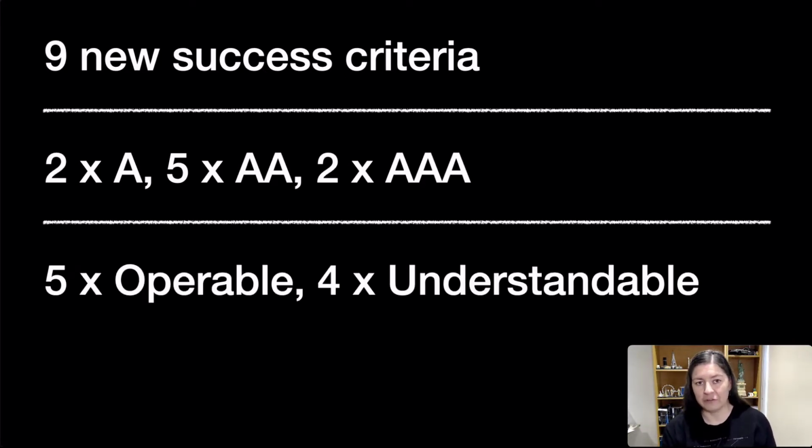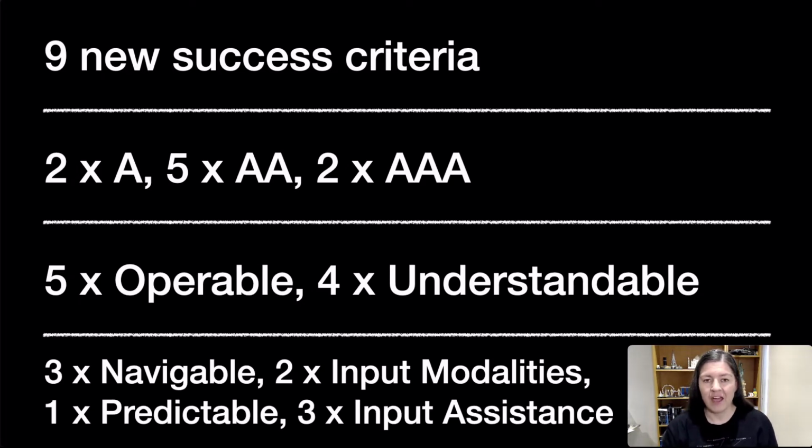If your thing is principles, we've got 5 operable and 4 understandable success criteria coming at you. And if your thing is guidelines, then the new success criteria are categorized by 3 in navigable, 2 in input modalities, 1 in predictable, and 3 in input assistance. Whatever you choose is up to you. Either way, let's jump in.